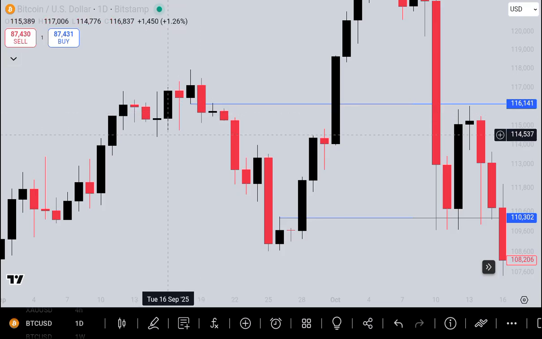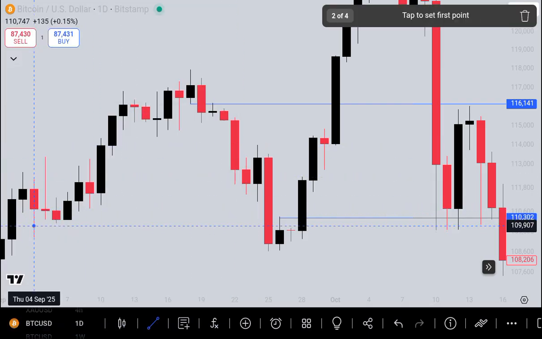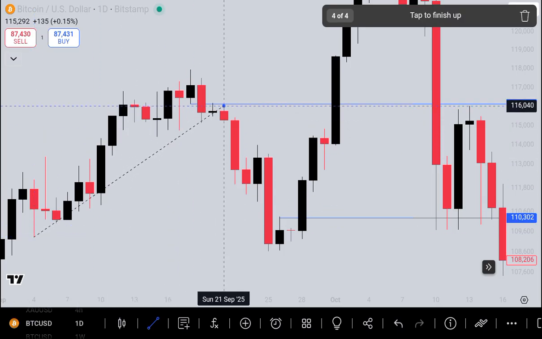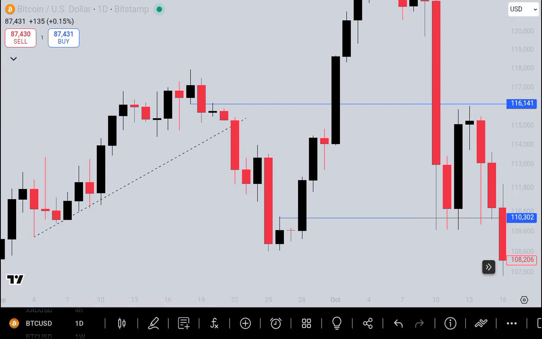Why? You think that we are still on trend. As you can see, if you're drawing a trend line, you think that we are still on trend and you'll be probably waiting for a bounce here, but you won't know that price has already given you a bearish continuation, which signals a downward move.